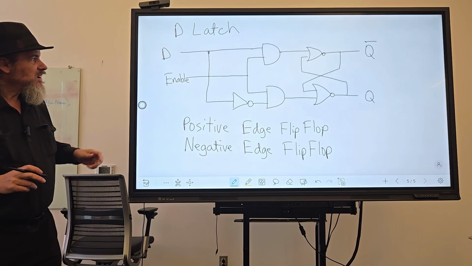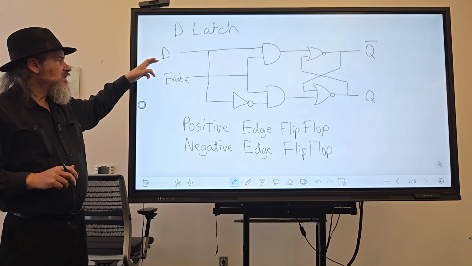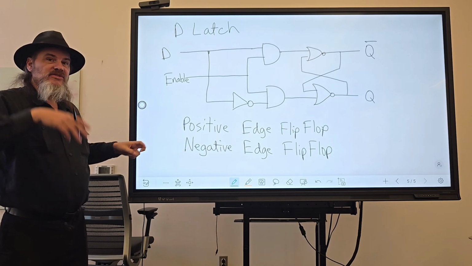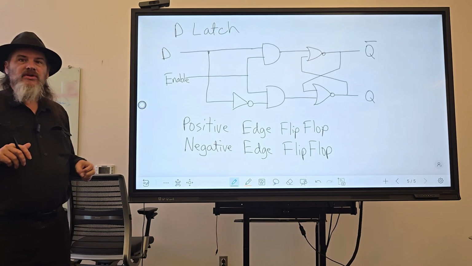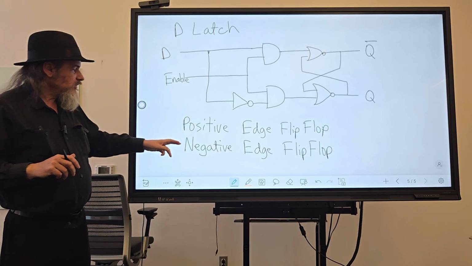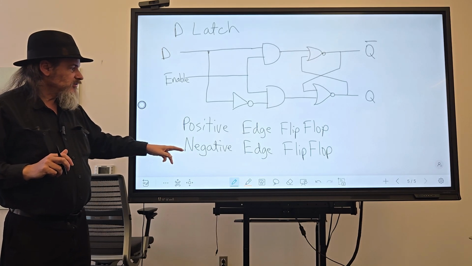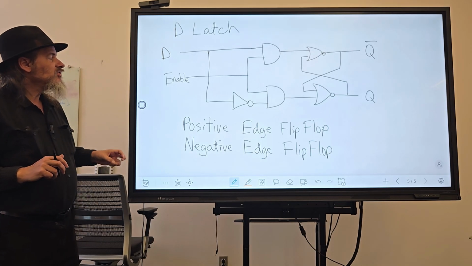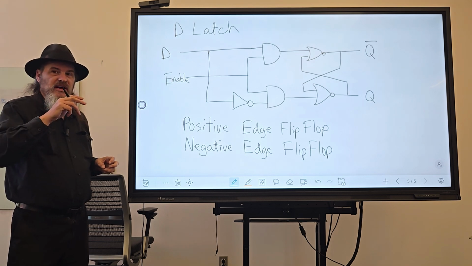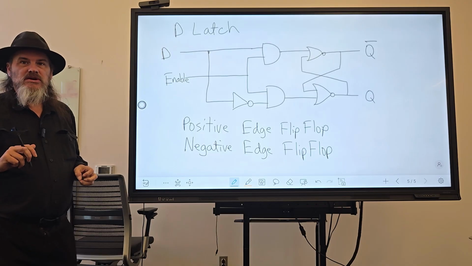But it only takes a snapshot of D at the positive rising edge of the clock input. Likewise, the negative edge triggered flip-flop will take a snapshot of D at the falling edge of the clock input.